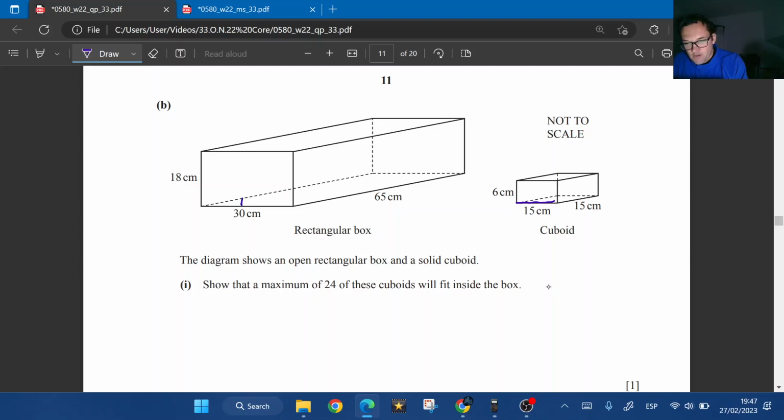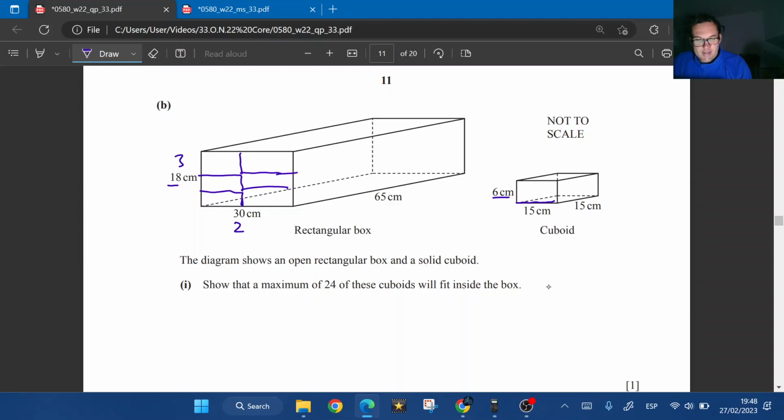So you'll only fit 2 boxes lengthwise. Then this is 6 and that's 18. So you'll be able to fit 3 stacked on top of each other like this.